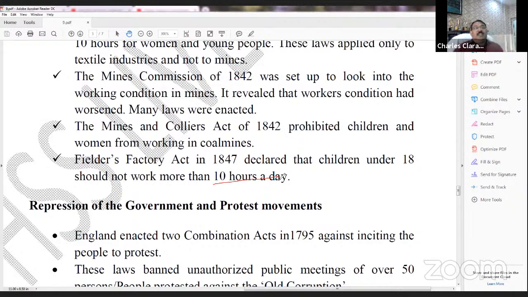So the Factory Act. Now you need to learn all the commissions and acts. The Mines Commission of 1842, the Mines and Colliers Act of 1842, and the Factory Act of 1847. You need to understand all of them.